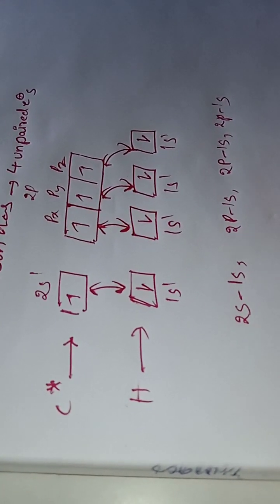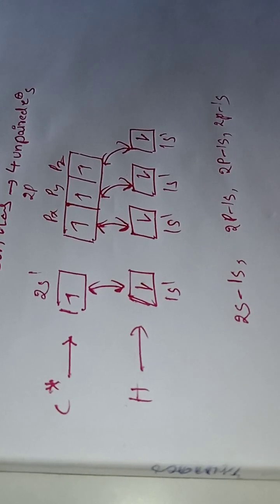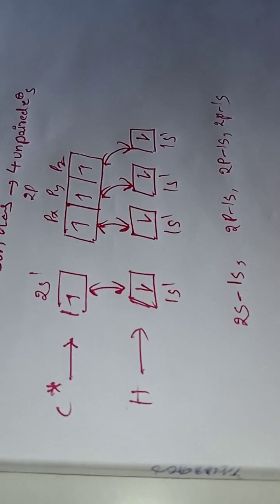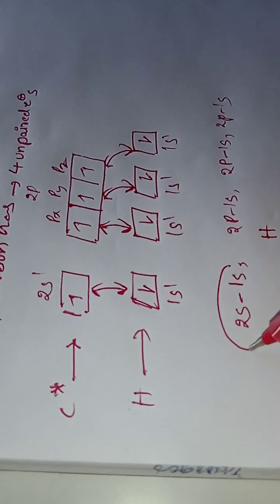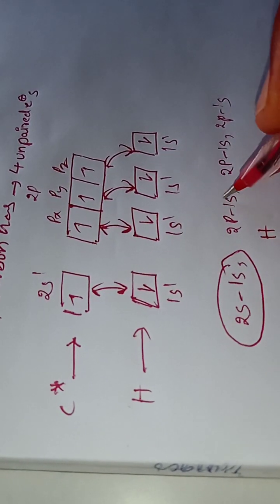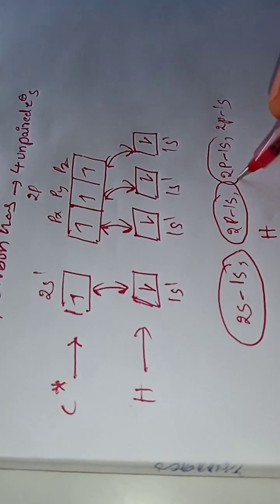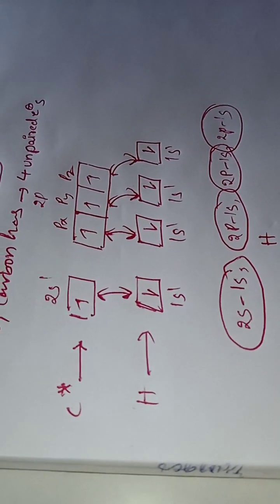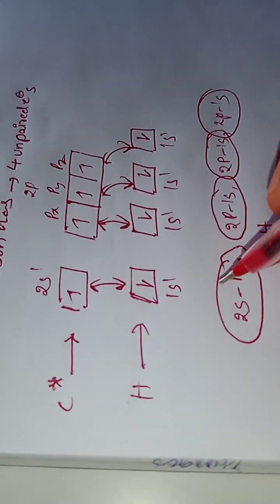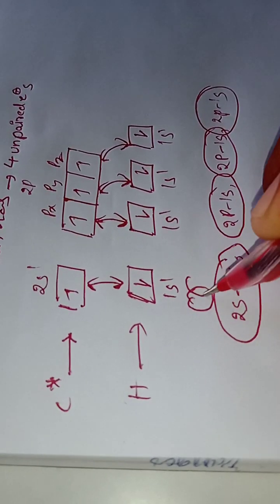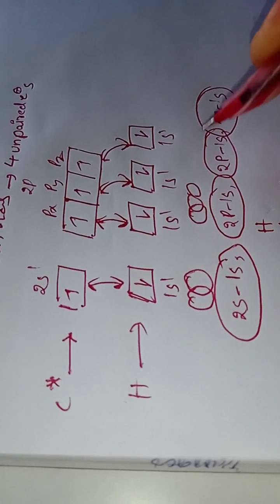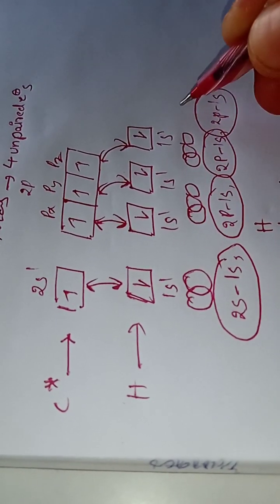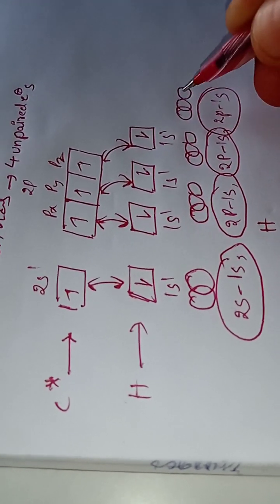These are the four bonds formed between carbon and hydrogen in methane: one is 2s-1s, the others are 2p-1s. That is, one s-s bond and three s-p bonds.